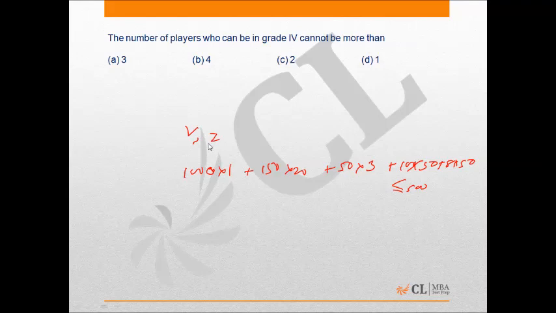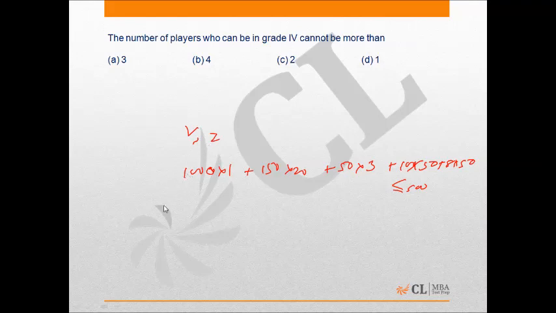Now coming to Sehwag, as we know that Sehwag's runs scored is less than Dravid's, so we can give any number of runs to Sehwag subject to the condition that it should be such a number that can accommodate 10 centuries.